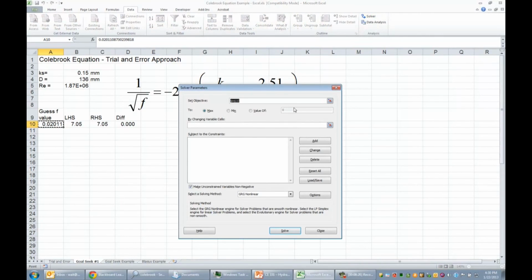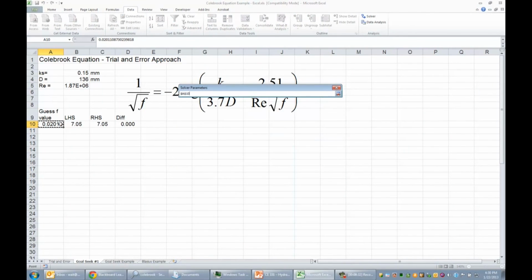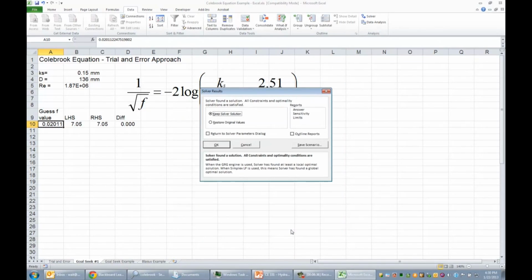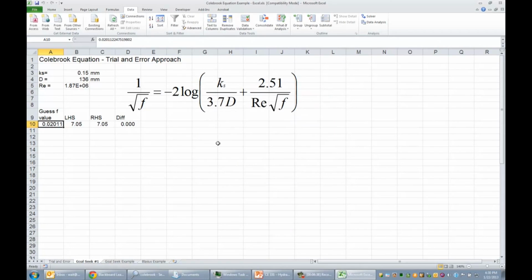It's Solver. And what we want is our difference to be 0 by changing f. So go ahead and solve now. Oh, I found the same one. Okay. Seems strange to me that it didn't find the exact same solution. I wonder if I've got an error in my solution here.